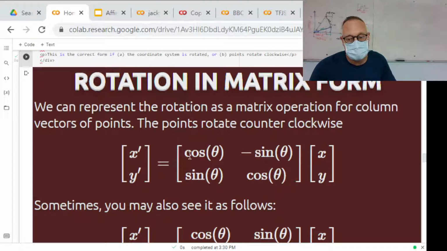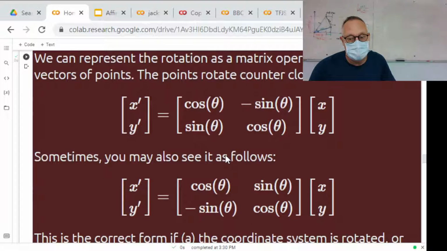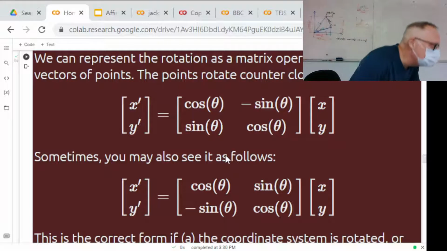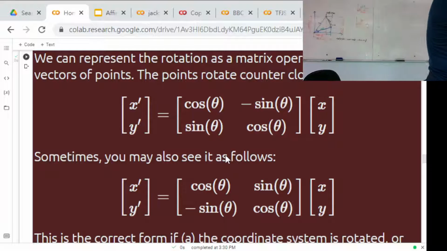Because x dash is cosine theta multiplied by x plus minus sine theta multiplied by y. And y dash is sine theta multiplied by x plus cos theta multiplied by y, which is exactly the two equations that we have.